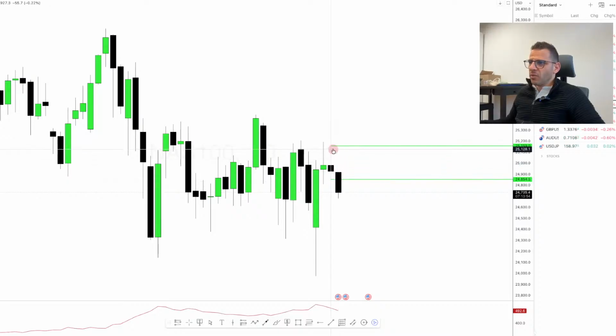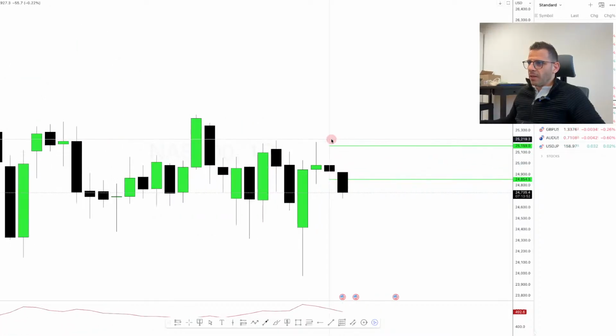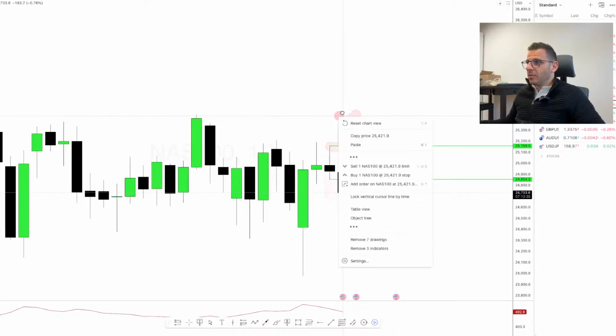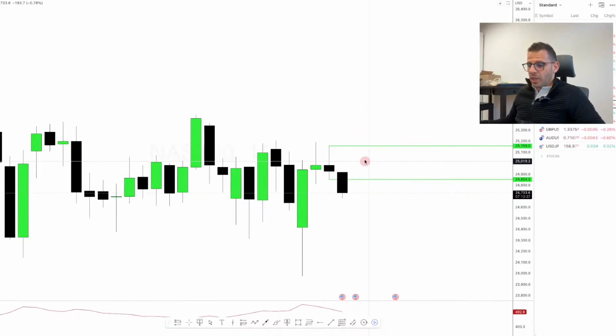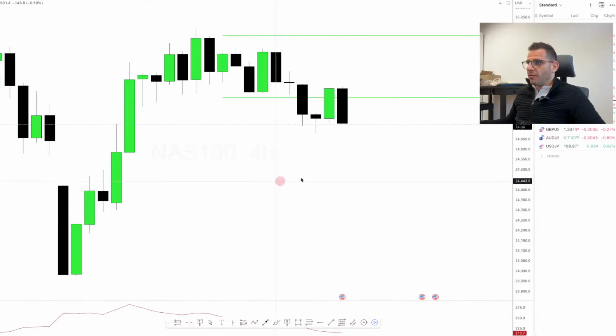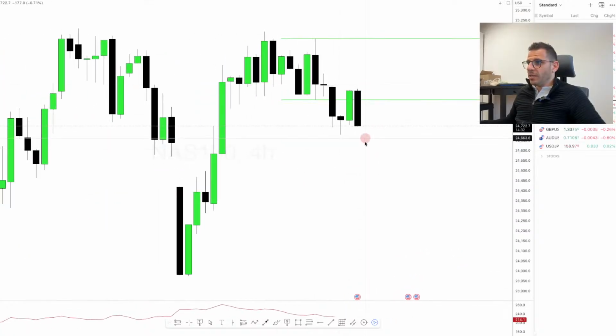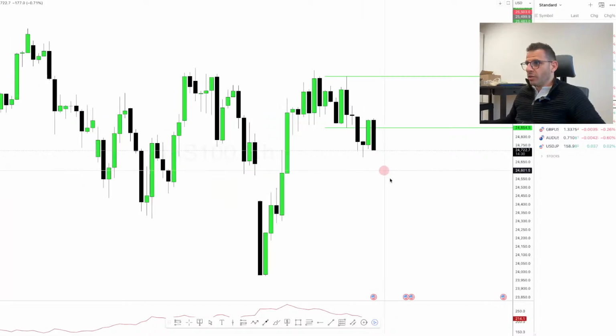Yesterday's candlestick was an inside one, and as an inside candlestick, this one here suggests that a break either to the downside or to the upside can put the price into that direction. For our time frame, guys, the market is extremely bearish.